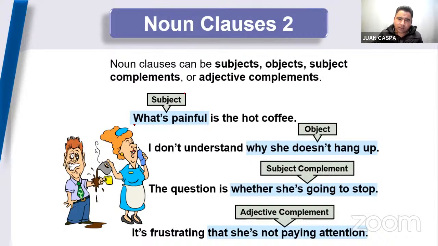Even if I'm using what, why, I don't necessarily use the question mark, but it is still an embedded question in English. But later we're gonna check out that also. So now we are checking the position only: the subject, object, subject complement, and adjective complement. The noun clauses can be like that.